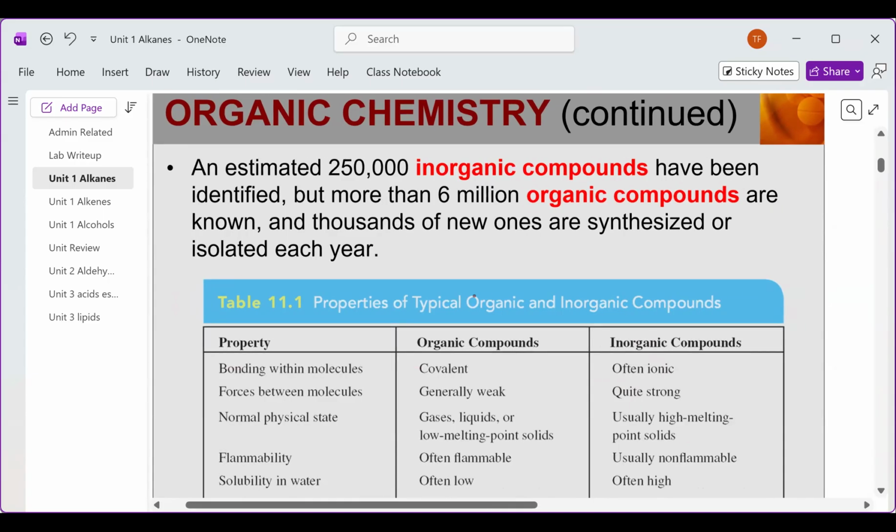Organic compounds, not including biochemical organic compounds, there's tons and tons more. This slide was created probably 20 years ago, 25 years ago. And so they're creating organic molecules like all the time. So it's probably like 60 million by now, as opposed to a small number of inorganic compounds.